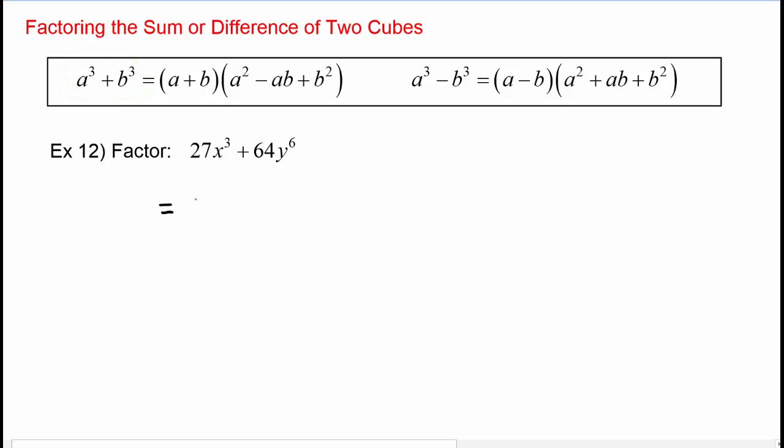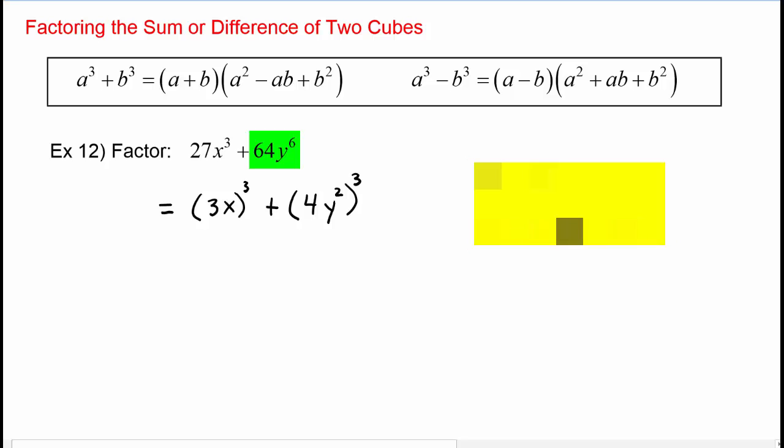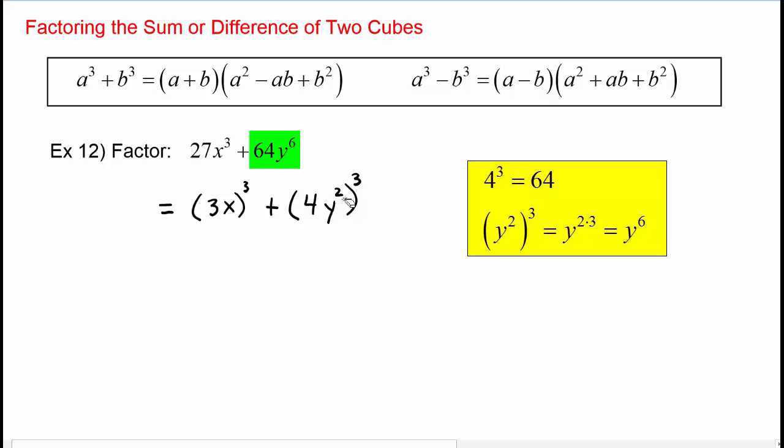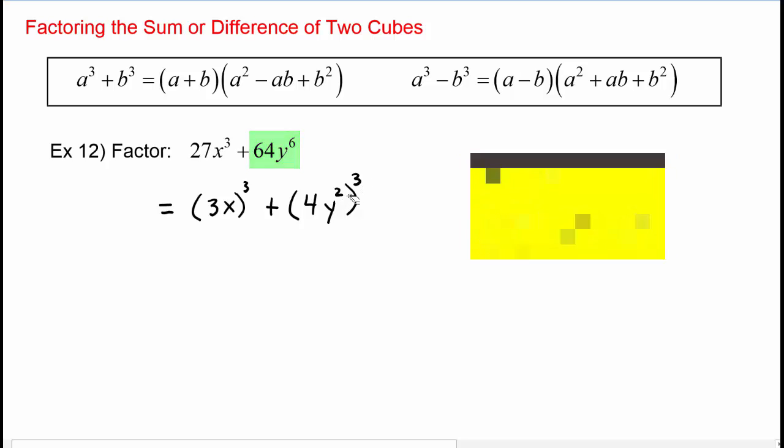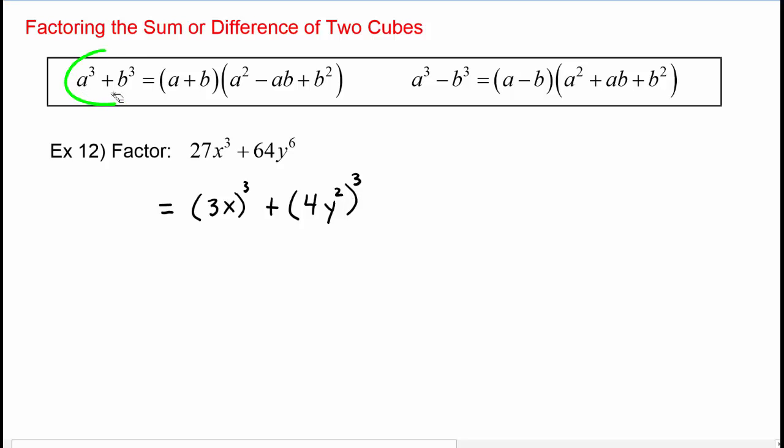So the first term can be written as the quantity 3x cubed plus the second term can be written as the quantity 4y squared cubed, because remember, a power to a power you multiply. Now we have it in the form a cubed plus b cubed, and we can apply the rule to get the factorization.